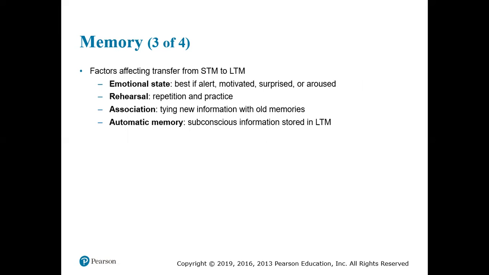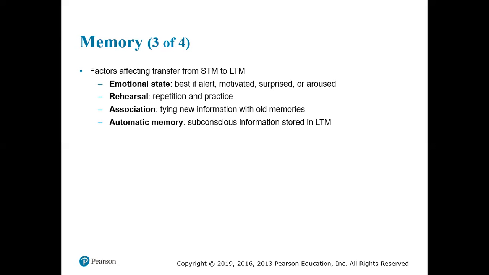But we have factors that will affect the transfer of information from short-term to long-term. This is emotional state, how long you practice, associating things or tying new information with old memories, and automatic memory, which is the subconscious storage of information, which gets stored anyway.